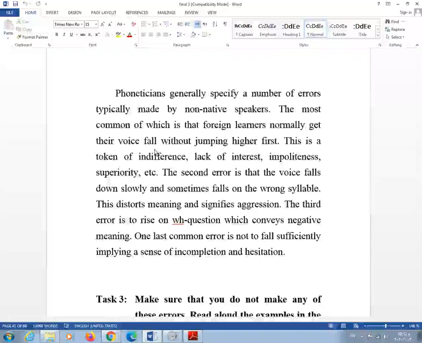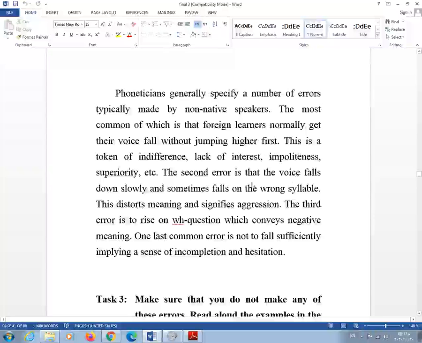Actually, most of the words are said the same way on the same pitch. And this is very, very unhelpful to us. We do not know which word is important for you as a speaker. So this is one error, one glaring error.